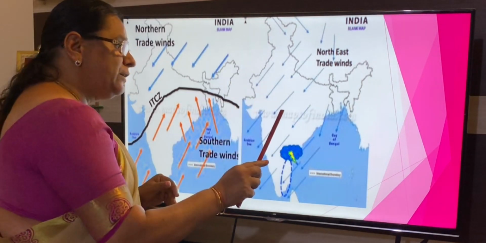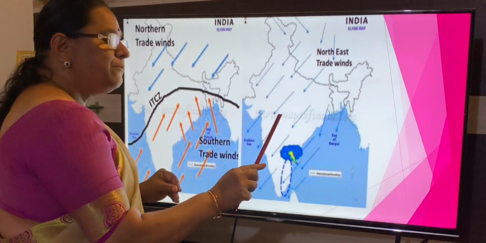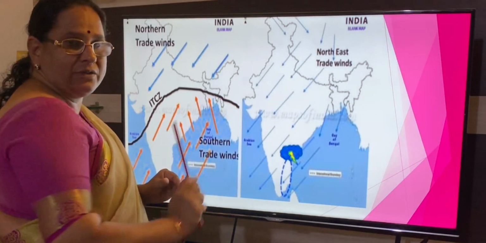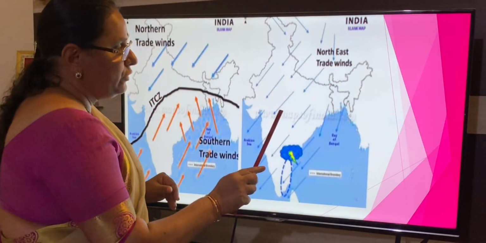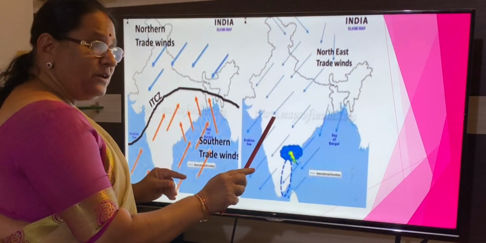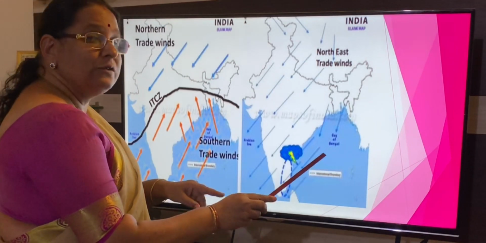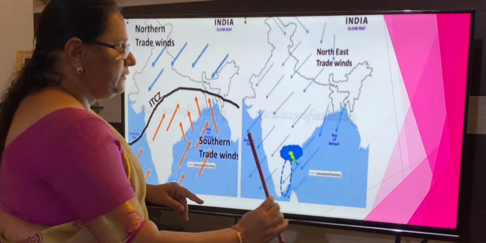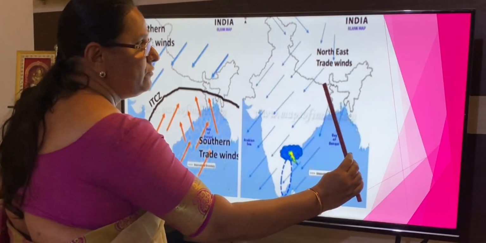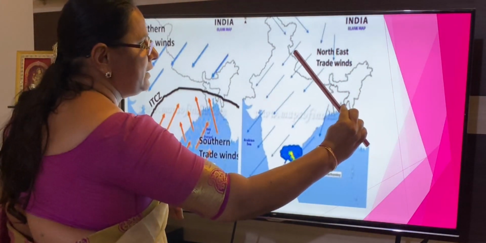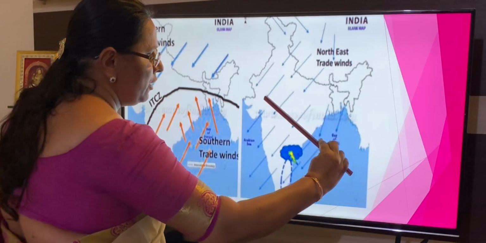Due to that low temperature, here we will have high pressure and here we have low pressure. So landmass has high pressure, whereas water body has low pressure. Due to this, the wind which was blowing towards the southwest direction will change its direction and start moving towards northeast.